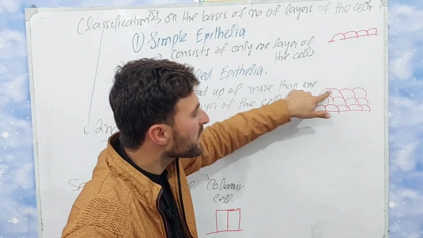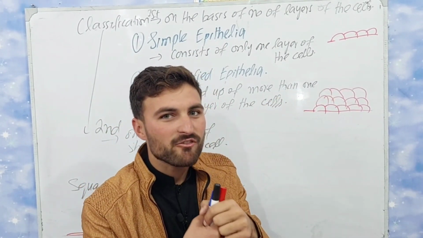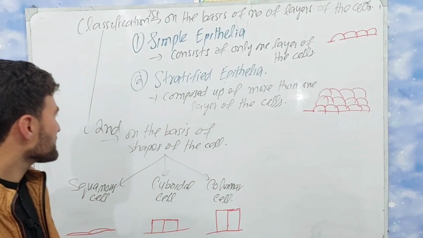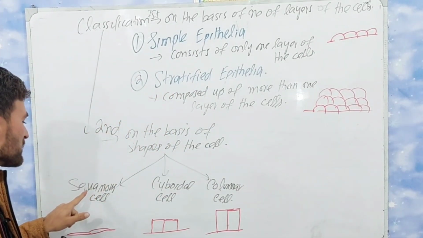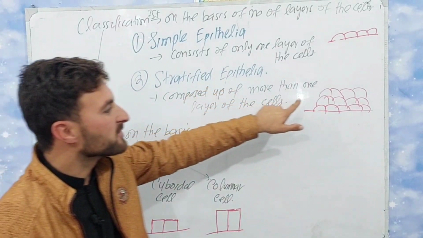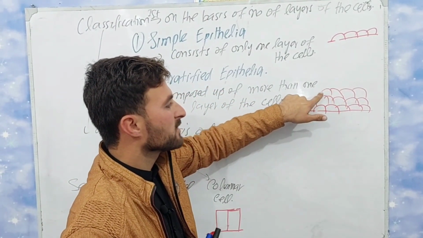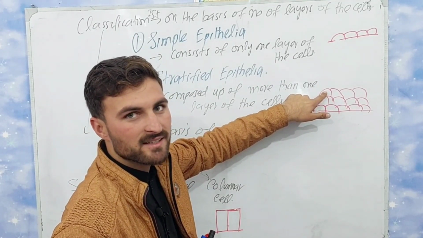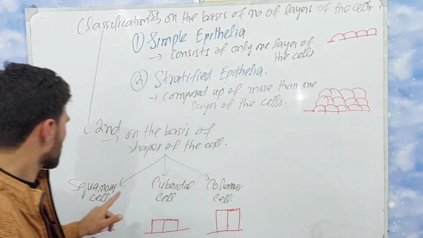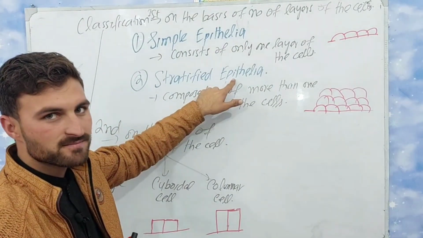If the topmost layer contains cells which are flat, we will call that stratified squamous epithelia. If these cells look flat, then that will be stratified squamous epithelia.